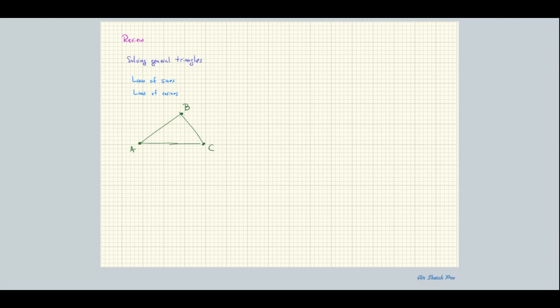And the law of sines tells you that sine A over A is sine B over B is sine C over C. Okay?